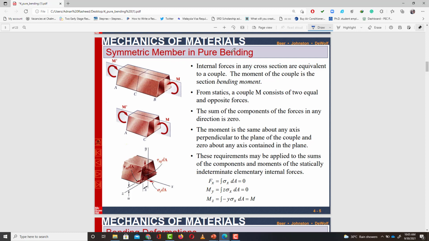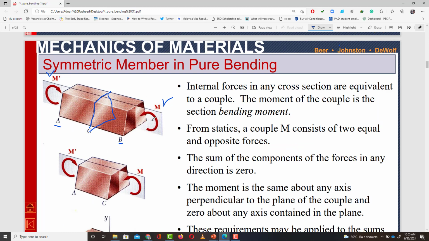Now, symmetric members in pure bending. Symmetric members are those members that are similar, or mirror image in shape, with respect to a certain plane. If we cut this beam AB at plane C, and it is subjected to couple M and M dash acting on the same plane, you can see that this moment is in the same plane.